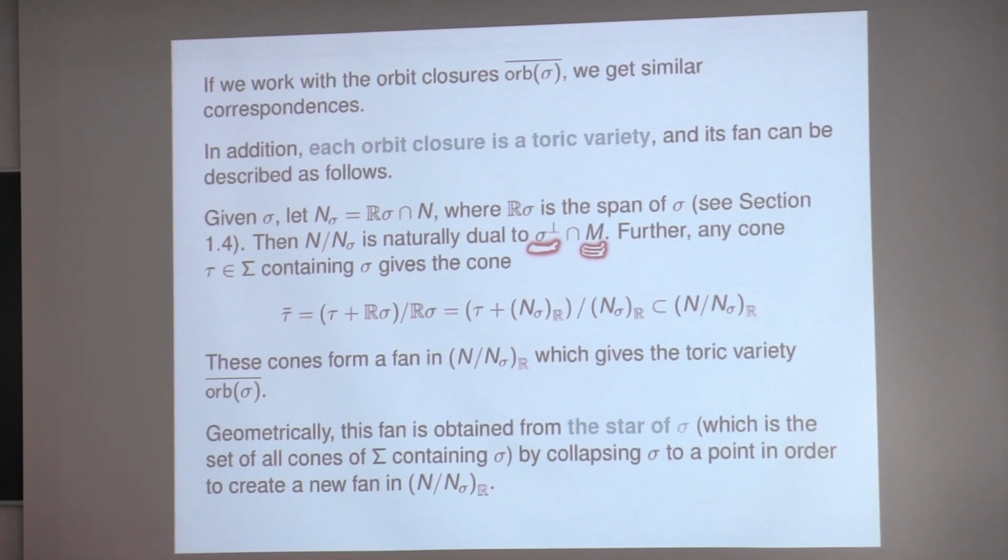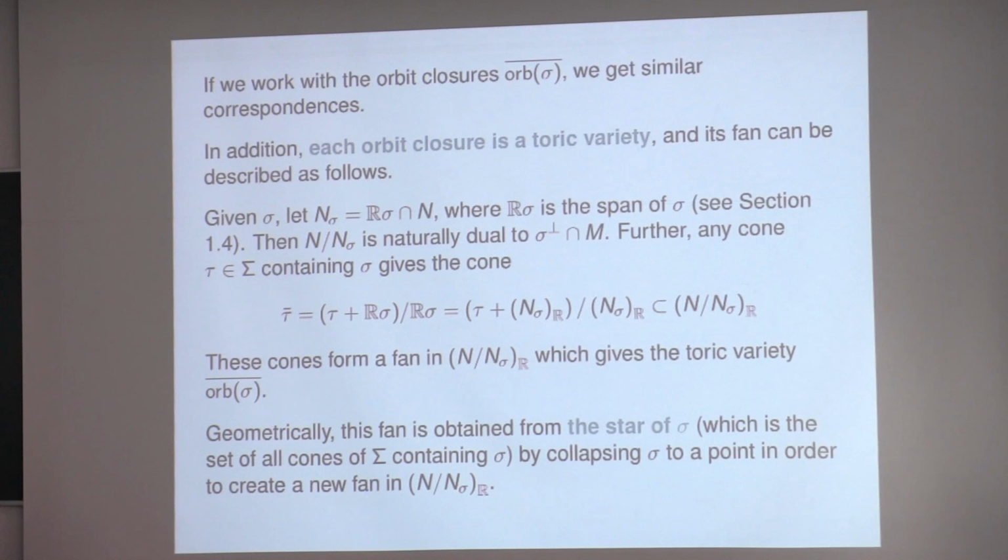If you have not fixed coordinates, it's not dot product, it's just evaluation. Okay, then this makes sense. And as I was saying, just from the sequence that is inclusion of this guy on this guy with this cokernel, take dual, you see that the dual of this one is exactly this.